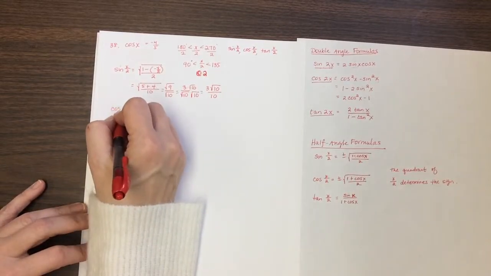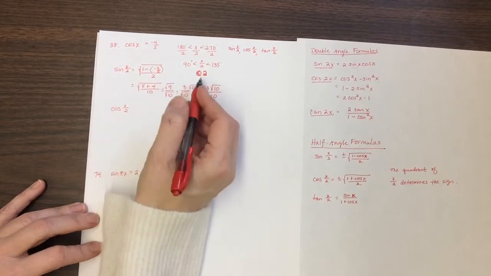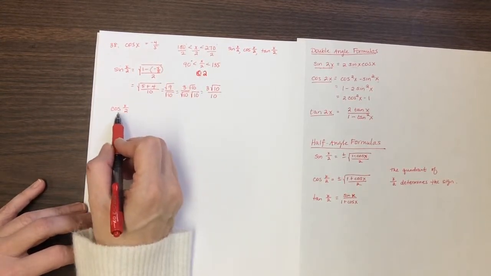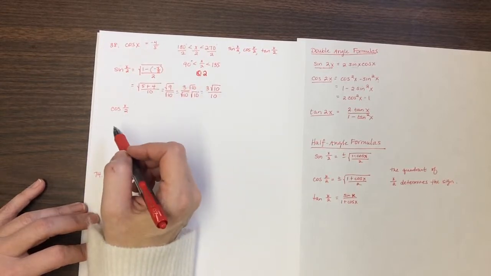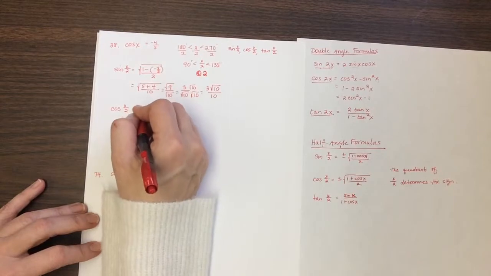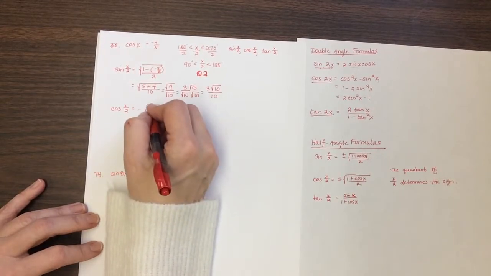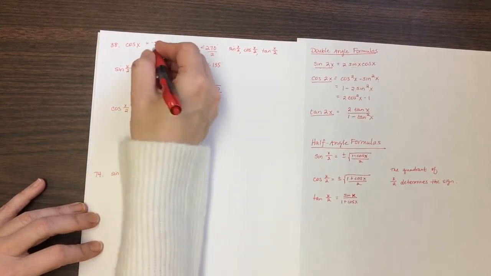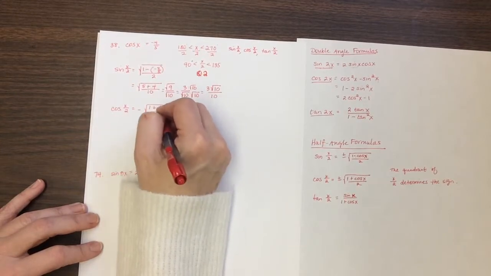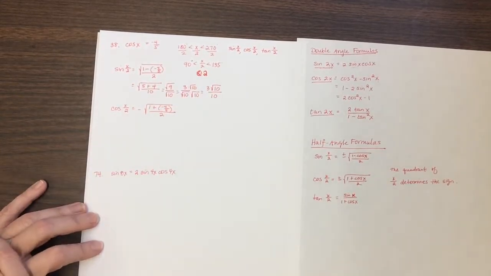Half angle for cosine, quadrant 2, it's going to be negative because the cosine is negative in quadrant 2, so I'm using the negative square root of 1 plus cosine, which is still negative 4 over 5, all over 2. I'm doing the same thing I did above.